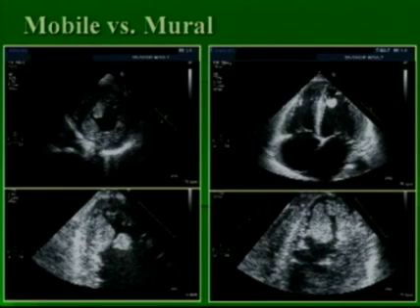You can see a large area of non-compacted myocardium relative to the compacted myocardium. On the lower left-hand corner, you can see that there is a component of this that is mural, that is sessile and stretching into the cavity. It's very large, but it is in fact mural.